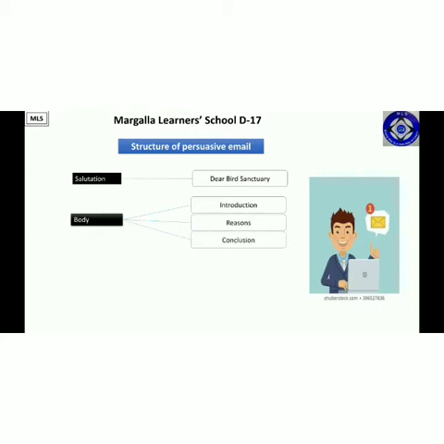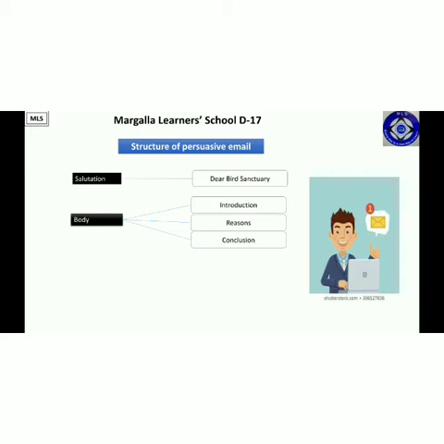So whenever you want to write a persuasive email, it means that you want the person who is receiving that email to accept your viewpoint or cooperate with you. It means that you want the next person to agree with your point, or to react, or to do that work which you want him to do through that persuasive email.